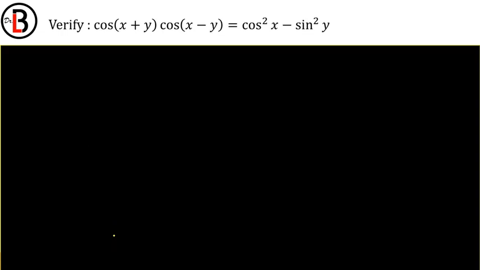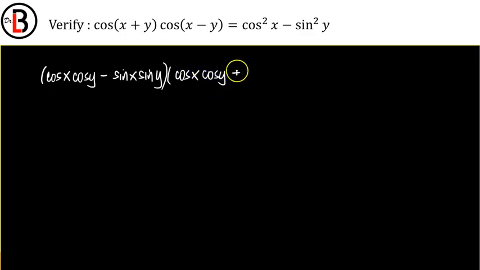Let's try another one. Also, this is being multiplied and then the other one's a difference of two squares. So let's try the left side. Cosine x, cosine y, minus sine x, sine y, but then you are multiplying this with cosine x, cosine y, plus sine of x, sine of y.